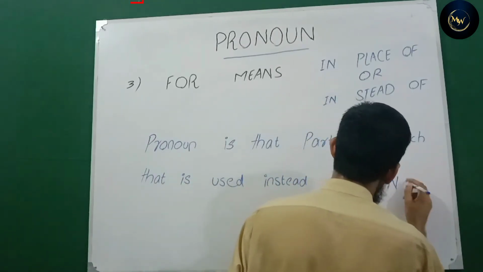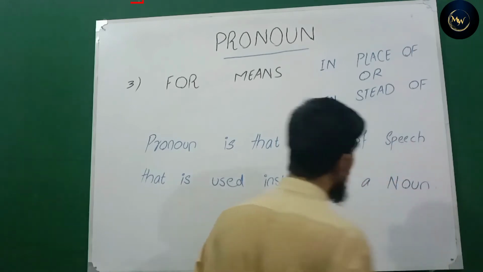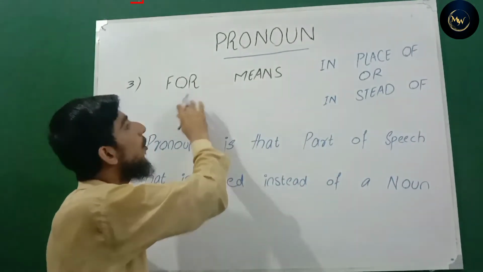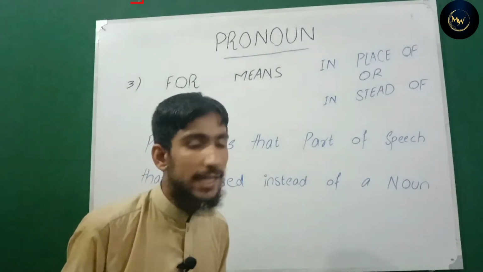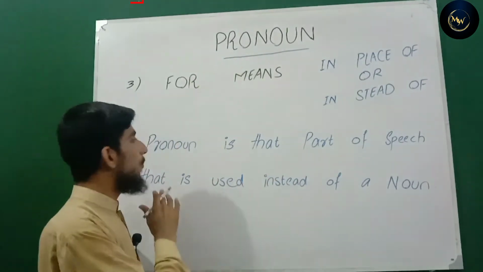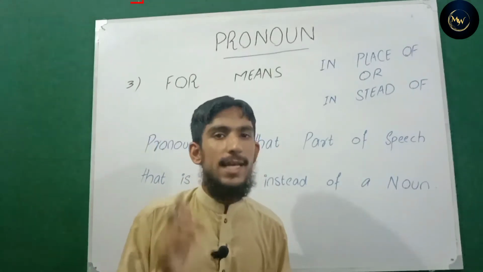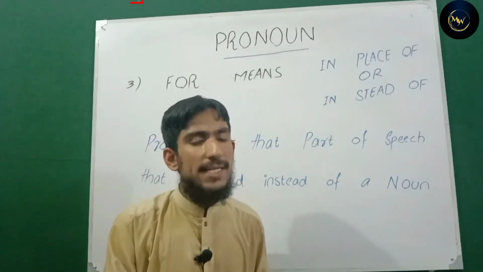This is the definition of pronoun, and we have learned from this meaning of for that for means in place of, or instead of. So pronoun is that part of speech, or word class, that is used in place of, or instead of, a noun.